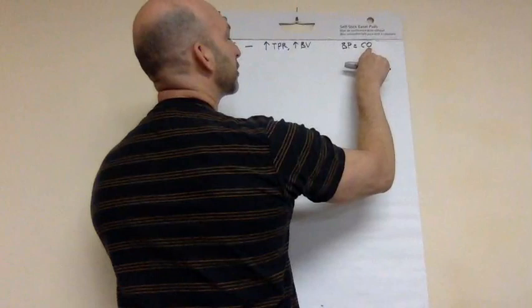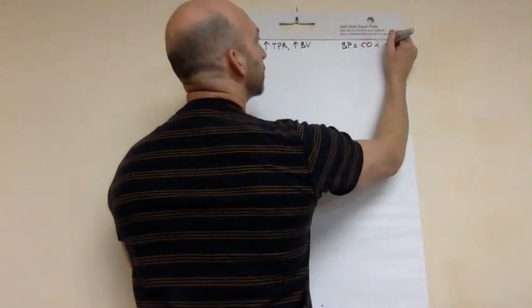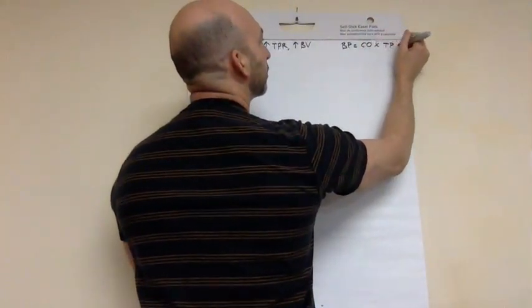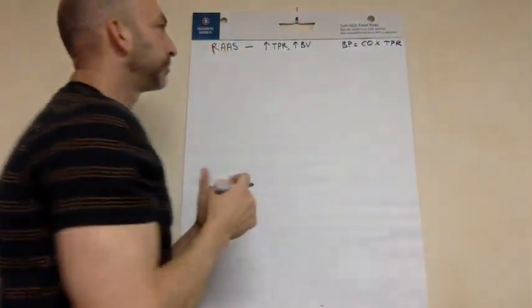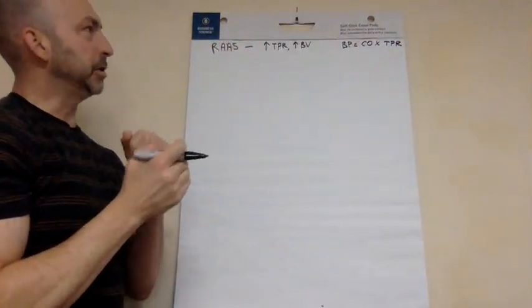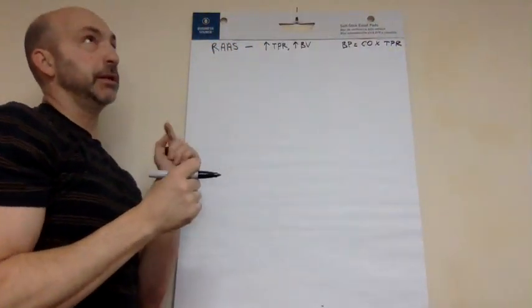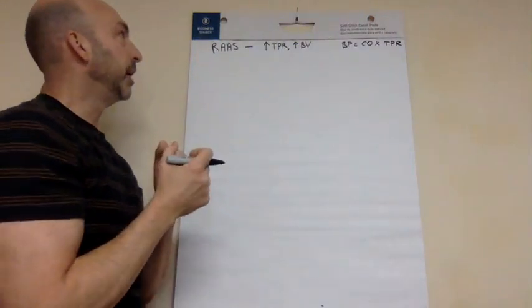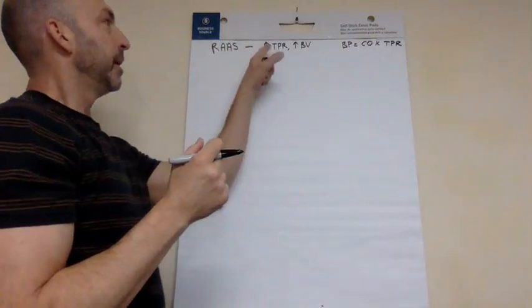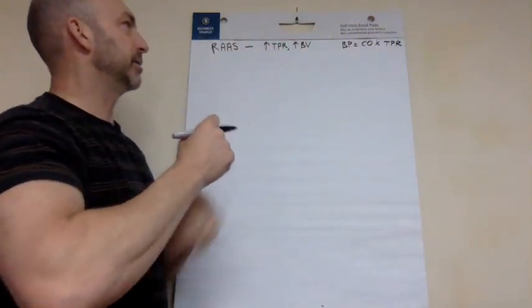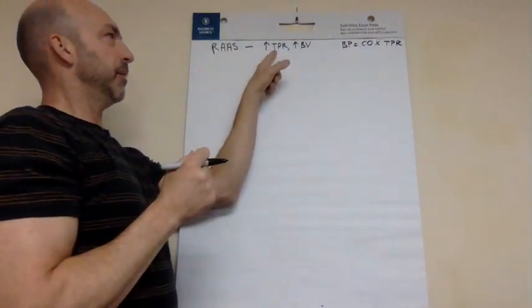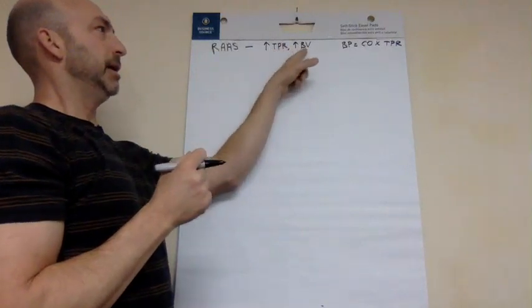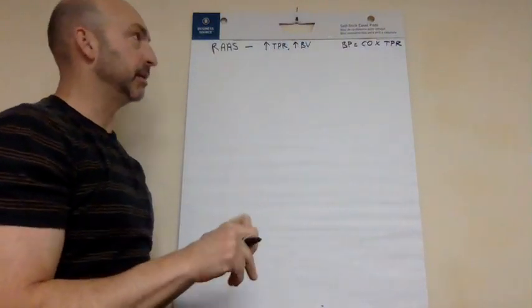So pressure equals flow times total peripheral resistance. Right? And so what we need to do is see how the renin-angiotensin-aldosterone system, specifically in this video, angiotensin II, contributes directly to an increase in peripheral resistance and indirectly to an increase in blood volume.